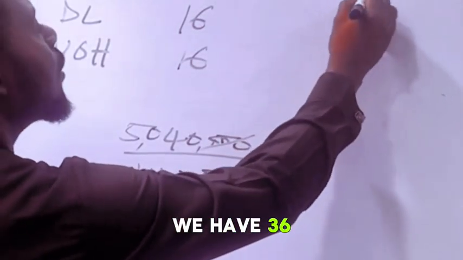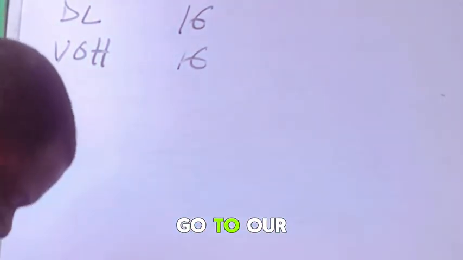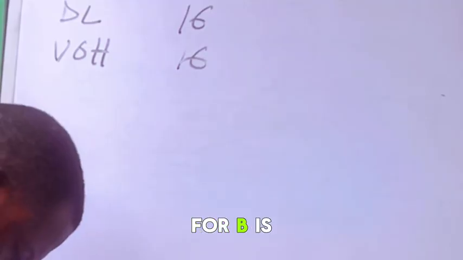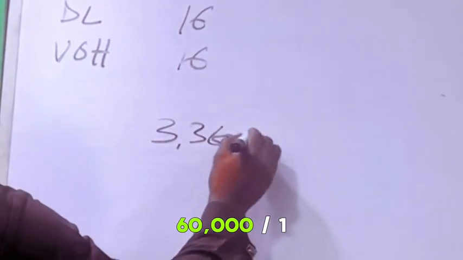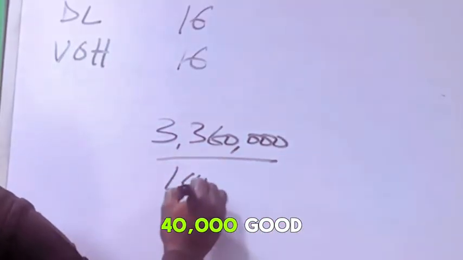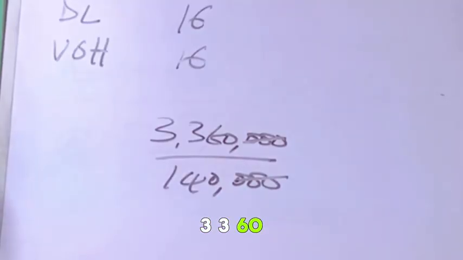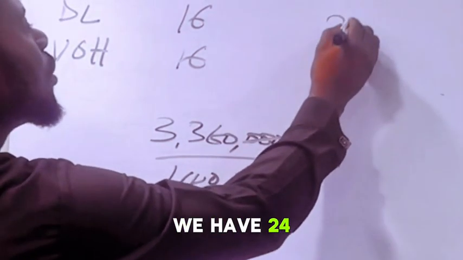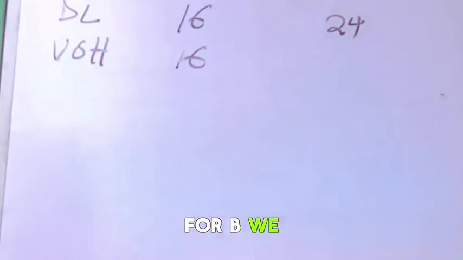So we have 36 here. Next one, let's go to direct labor. For B it is 360. We have 360,000 divided by 140,000. Good. So we have 360 divided by 140, which will give us 24. We have 24 here.